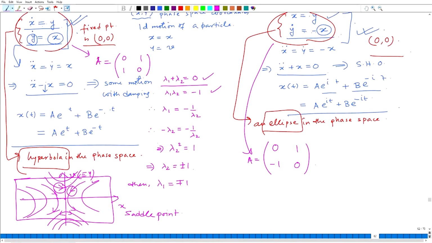But this week you will try to reconcile the fact that if this is a saddle point, then there will be a mixed character of the fixed point here in the middle, of an attractor and a repeller. Now, remember here also this fixed point is an isolated point, and no trajectory is actually touching the fixed point.